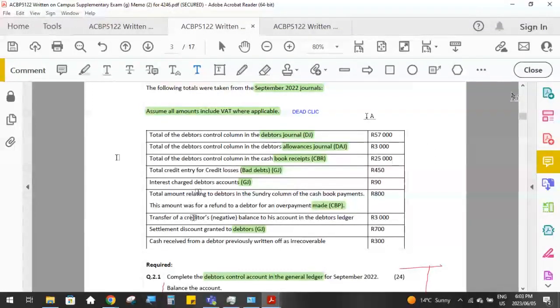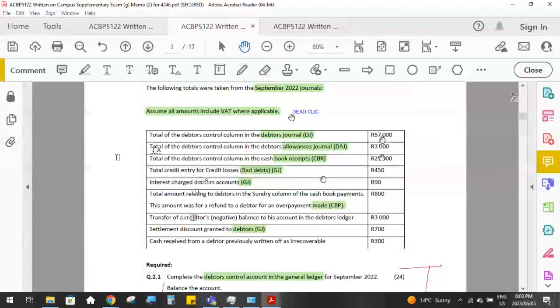You have to remember your debit-credit rules, and you have to be able to identify that debtors control is an asset. So therefore, assets increase on the debit side, on the left-hand side. So with each of these transactions, you have to decide, will this amount increase my debtors control balance or will it decrease my debtors control balance?